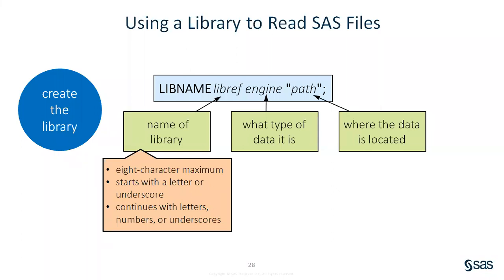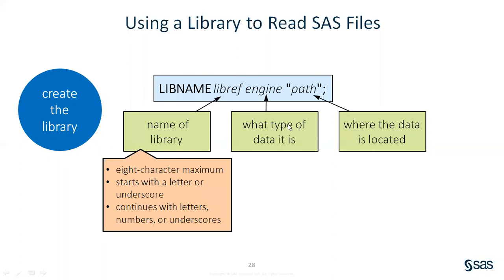We'll create a library within a SAS session, and this library is created with a statement called libname. In the syntax we provide a library reference name, we give the engine, and the path where all that data is available. The engine tells what type of data it is.